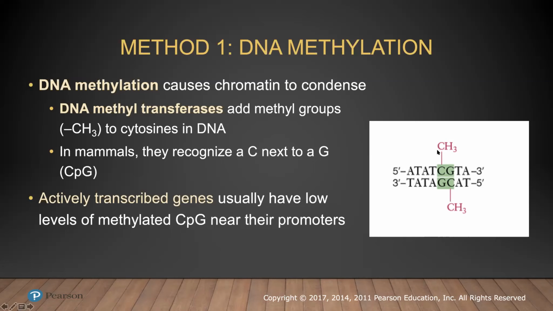So the more methyl groups that we have, the more it causes the chromatin to be in that condensed state. All right, so methylation causes condensing of the chromatin. And so in actively transcribed genes, genes that we're trying to get that RNA polymerase to attach to, we're going to see that those particular genes would have low levels of these methylated CpG strands, okay, near their promoters.